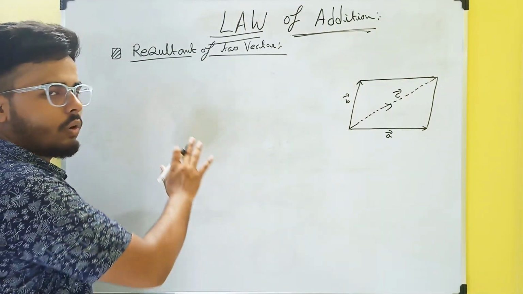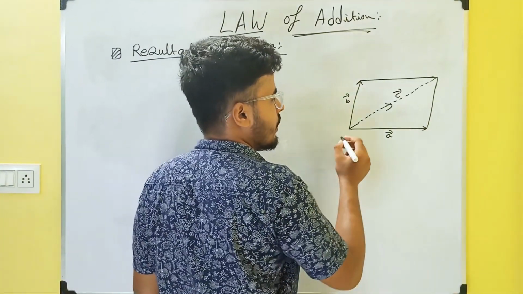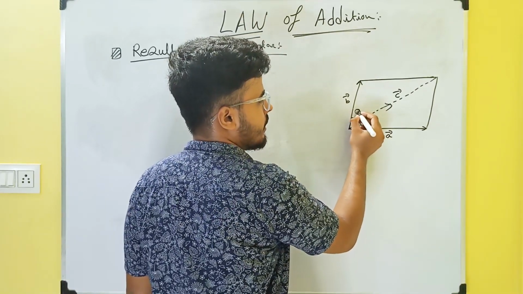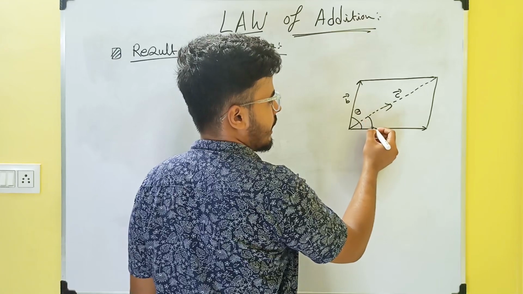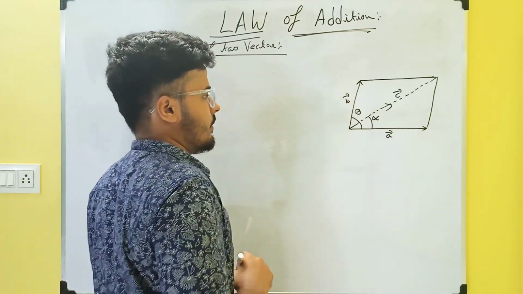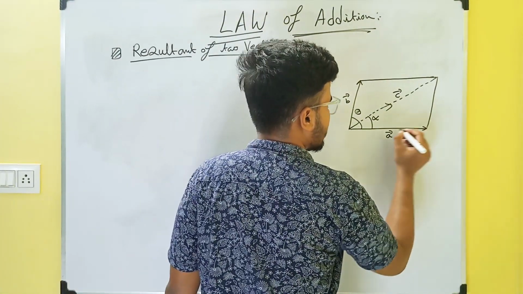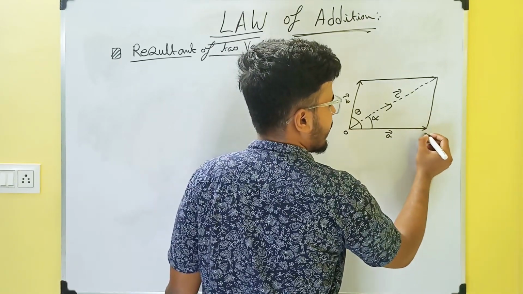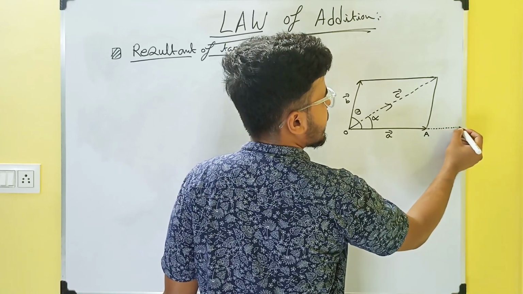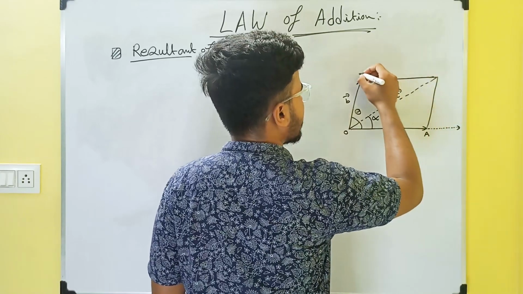That's why it's called the parallelogram law of addition of vectors. The angle between vector A and vector B is theta. The angle between the resultant and vector A is alpha. Let's expand OA.